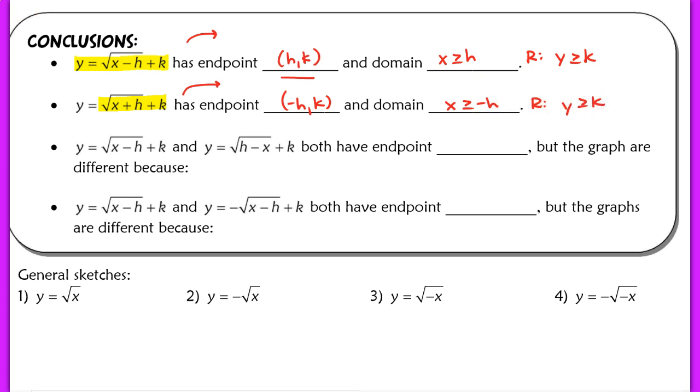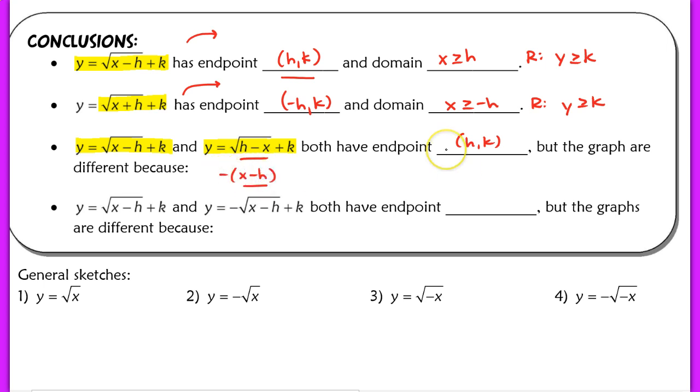Okay, now these next couple bullet points are here just to highlight some of the similarities and differences between some of your square root functions. Now, when you look at the graph of the equation y is equal to the square root of x minus h plus k, and you compare it to the graph of a square root function of the form y is equal to the square root of h minus x plus k, you're going to find that both have an endpoint (h, k). And again, that is because here, if we factor out a negative, we have the opposite of x minus h.